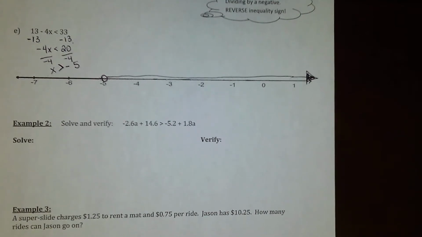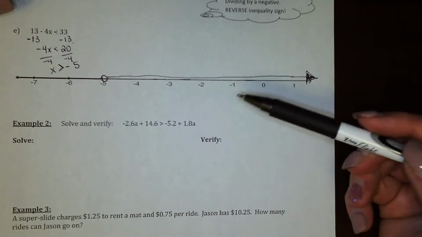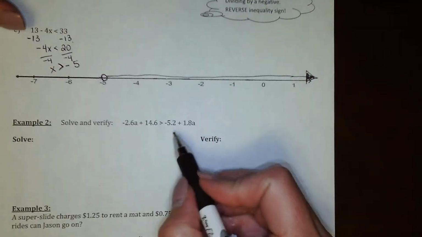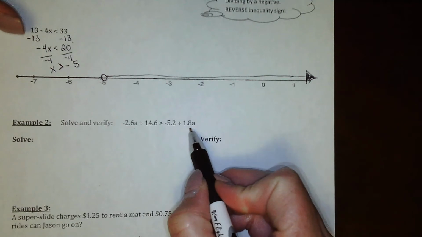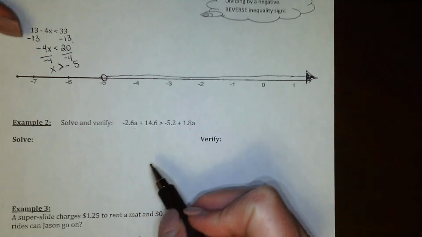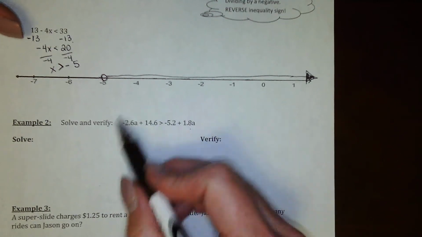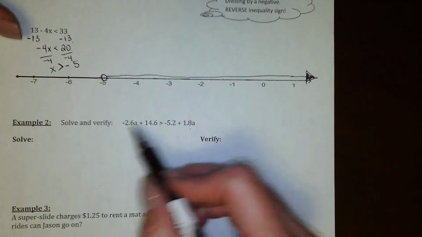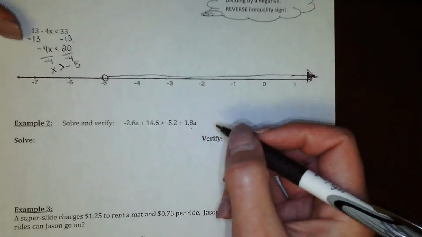Now we've got some examples that include some decimals as well, okay? And we've got variables on both sides. So we want to get all of our variables together, like terms collected on likely the left side, and then our numbers collected on the right.